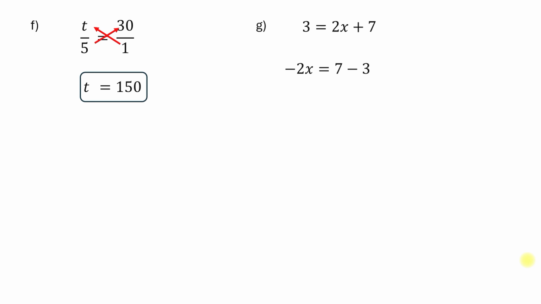So we get negative 2x equals 7 minus 3. Negative 2x equals 4. If negative 2 times x equals 4, then x by itself equals 4 divided by negative 2 for a final answer of negative 2.